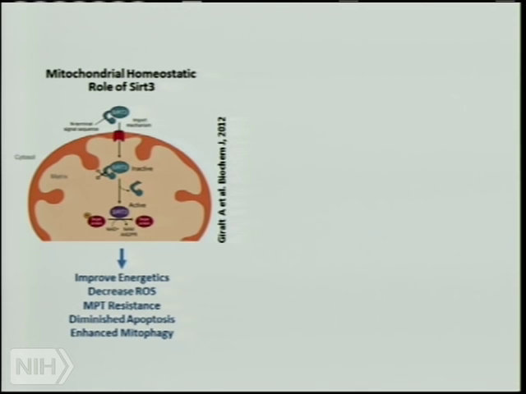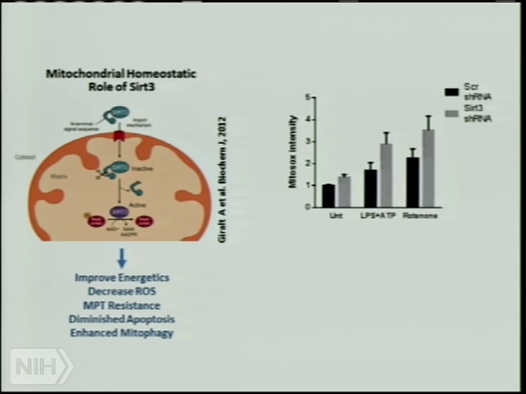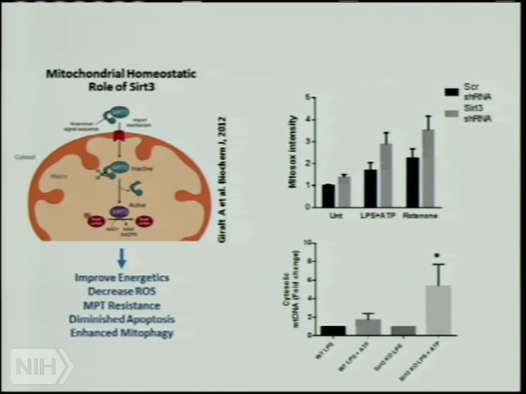But nevertheless, with respect to the mitochondrial homeostatic role, we've already discussed all the beneficial effects on the mitochondria. And Javier shows that if you knock out SIRT3 in the THP1 cells, that indeed you get increased mitochondrial reactive oxygen species, and this is replicated by rotenone. And then he looked at mitochondrial DNA release into the cytosol. And when you take wild type, and these are bone marrow-derived macrophages, and you add LPS as a prime and then ATP, you get a very modest release of mitochondrial DNA into the cytosol.